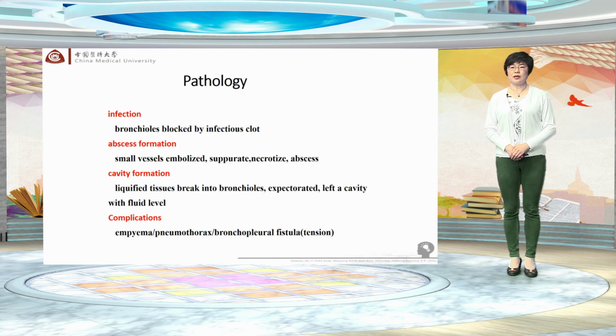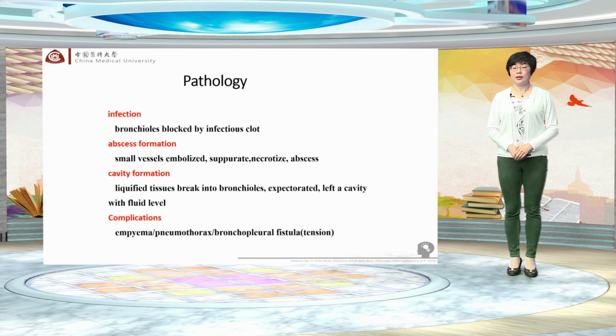The pathology of lung abscess includes 4 parts. At the beginning, it's just an infection, with bronchioles blocked by infectious clot, and then abscess formation. Small vessels are embolized, suppurate, necrotize, and then cause abscess.